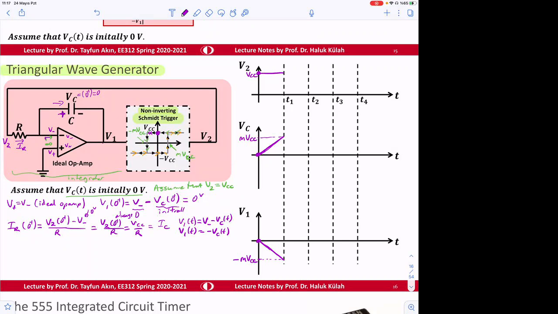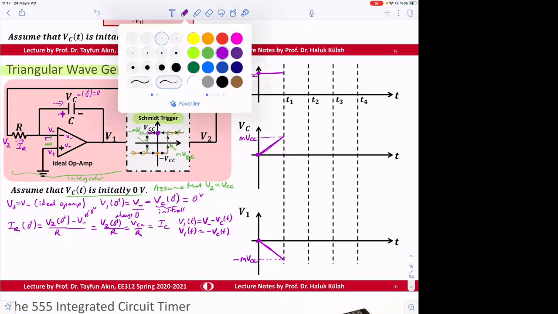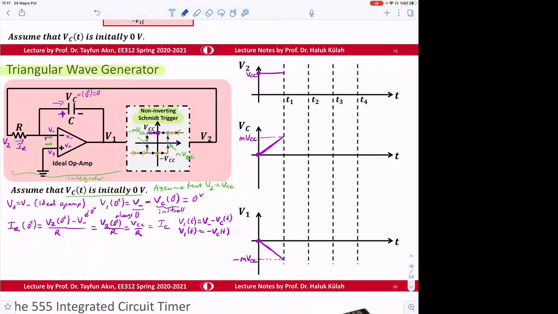So what happens then? The signal will be switching. So V2 becomes, after that point, minus VCC. So if V2 switches to minus VCC, then the current direction changes.